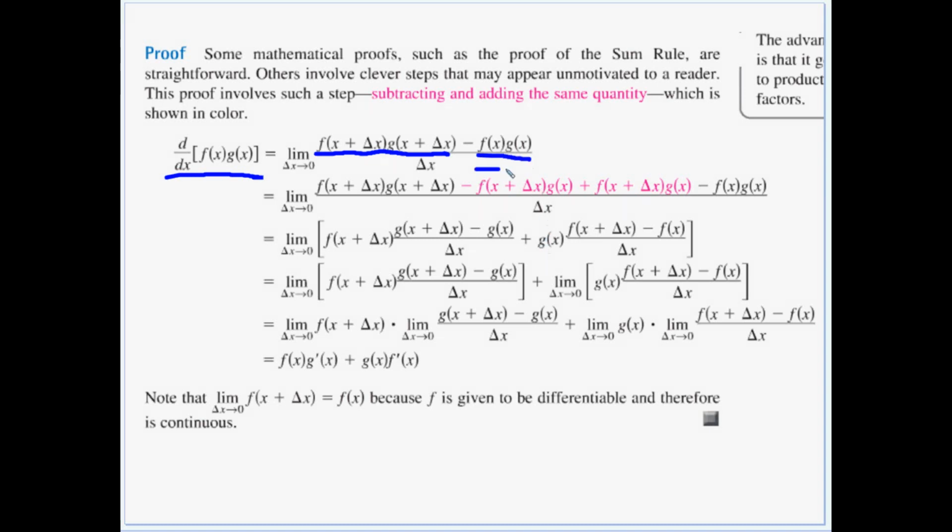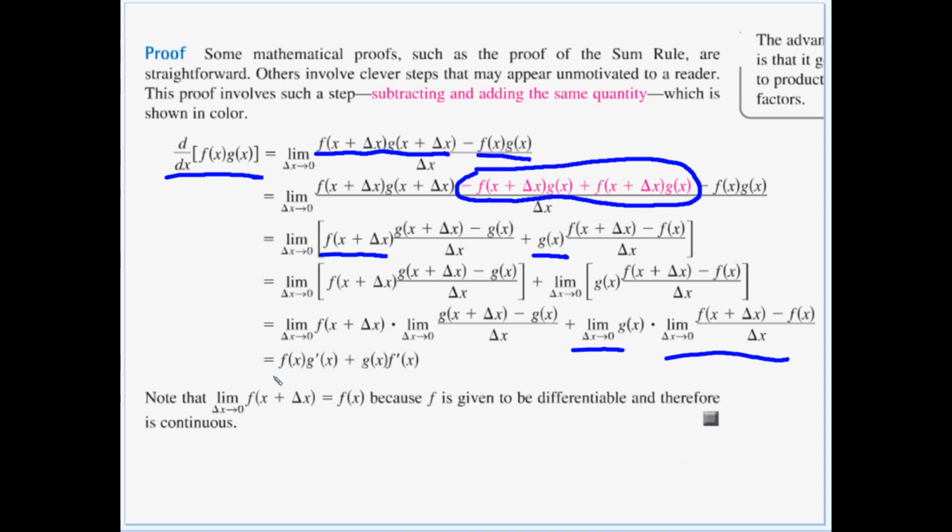And what they do here in red, they add and subtract the exact same quantity. It's like adding 2 and subtracting 2. You're not going to change anything. But what they do is regroup, and here they factor out the f of x plus delta x. Here they factor out the g of x, and then they do a little manipulation to get it to look back to the definition of a derivative, and we come up with this new product rule.